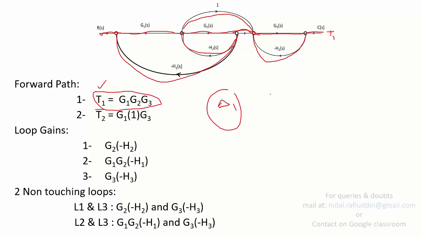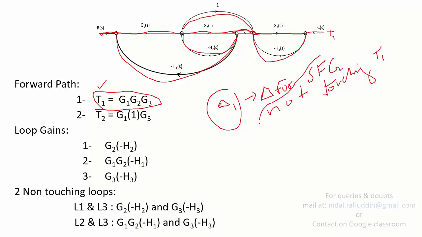Thus, delta 1 is nothing but the value of delta for the SFG not touching T1. So you will have to identify the SFG that doesn't touch T1, and after you obtain that SFG, you obtain the value of delta for it, which will be nothing but delta 1.